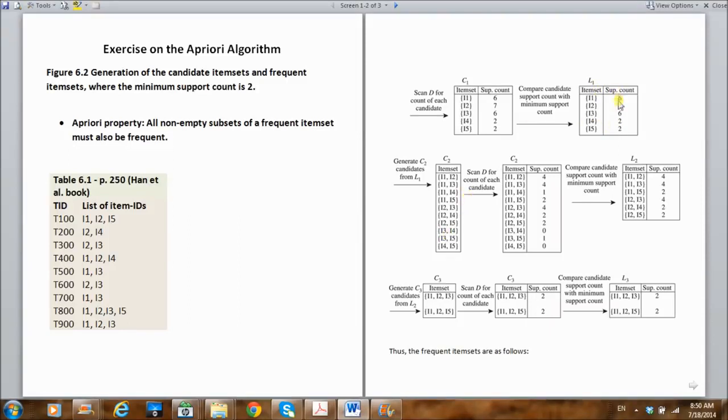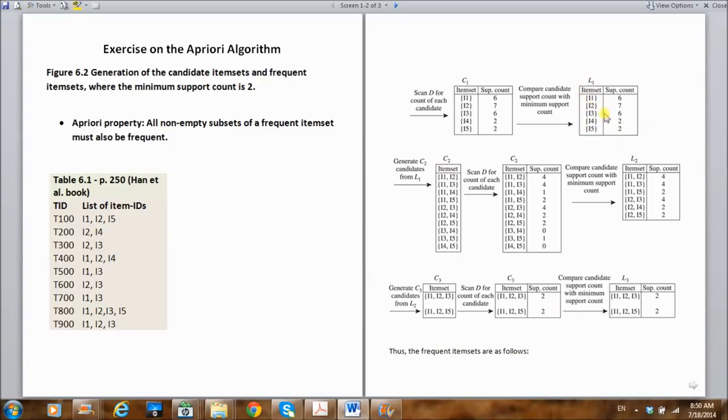From these frequent item sets with cardinality 1, we need to generate another set of frequent item sets with cardinality 2, or 2-item sets. To do that, we need to produce all possible combinations of these item sets.